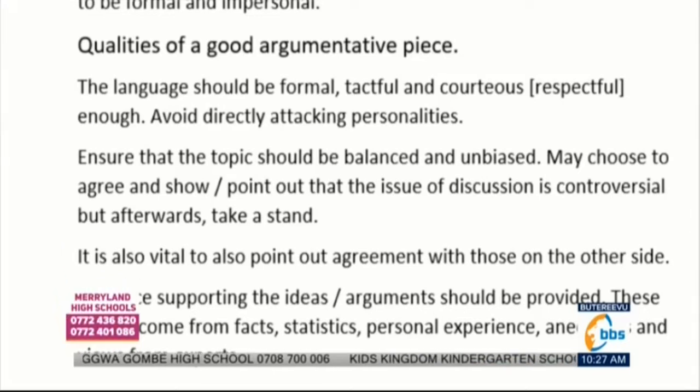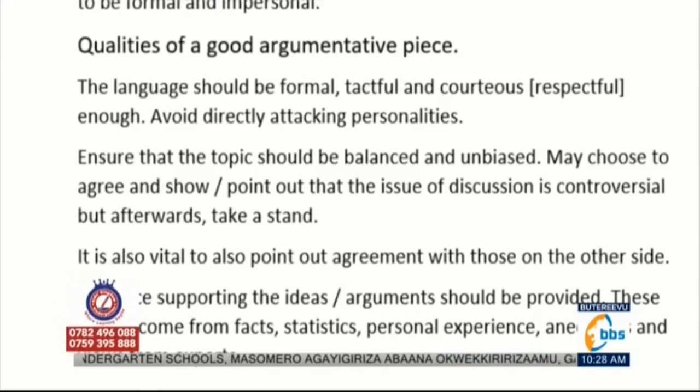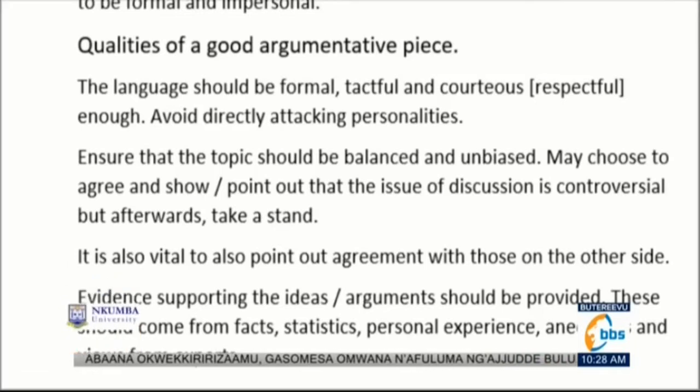Then ensure that the topic is balanced and unbiased. You may choose to agree and show your points of view, and then discuss the other controversial issues. Yes, you might be on the side where you know that what you're saying is right. However, somewhere, you may also see that some of the ideas you agree with are a little controversial. You can also cite them.